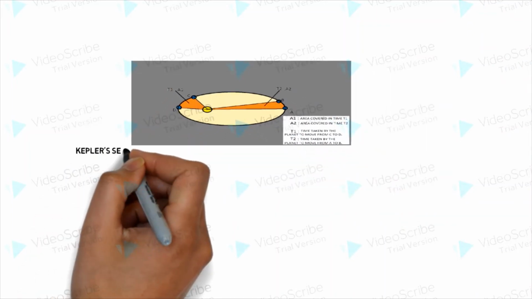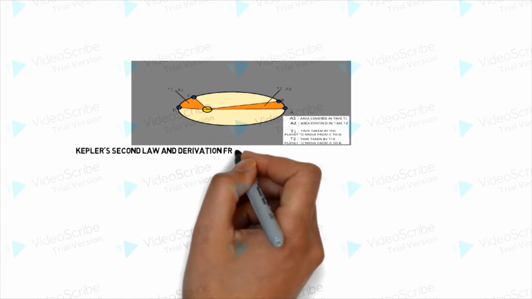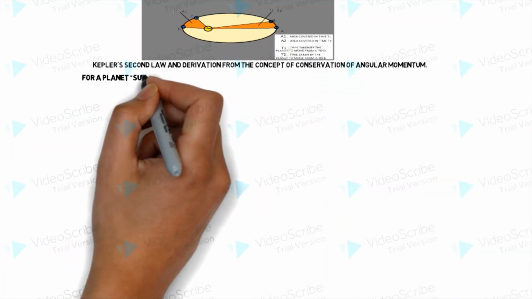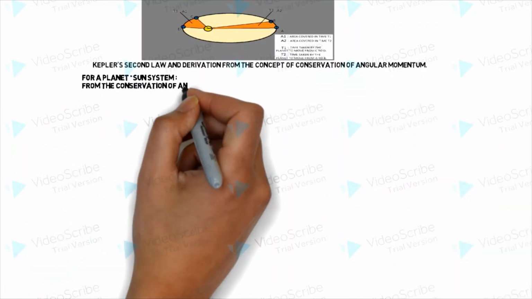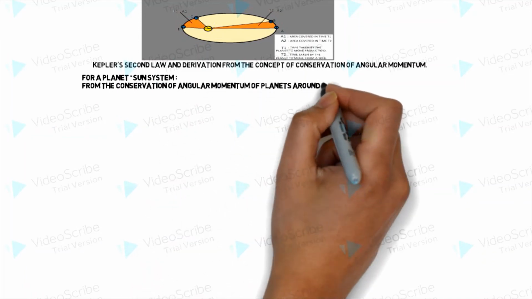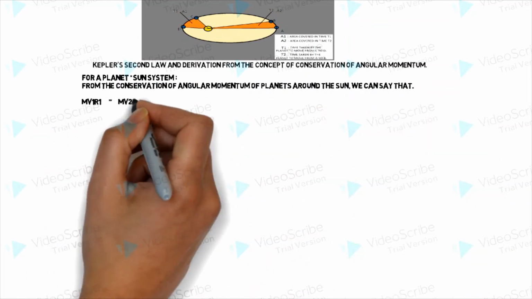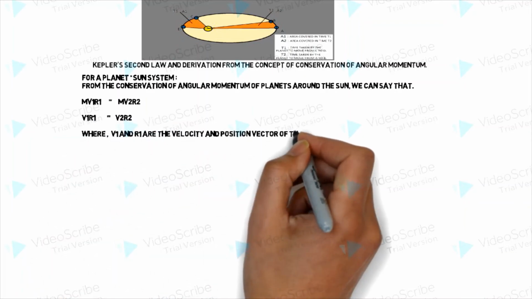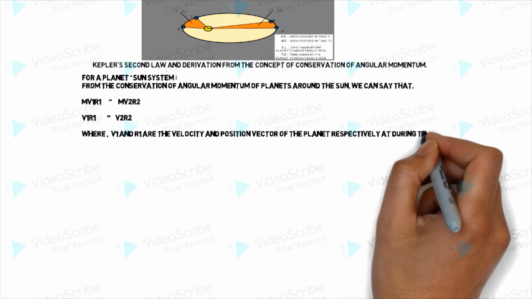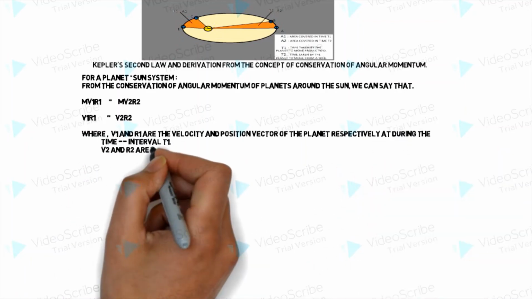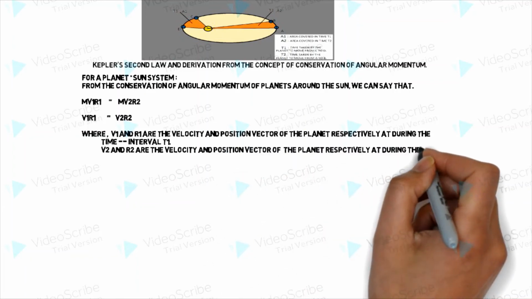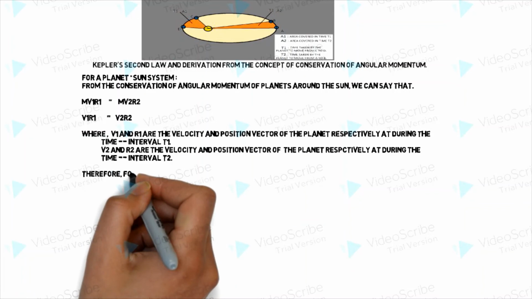Here we are going to see how the second law of Kepler is derived from the concept of conservation of angular momentum. For a planet plus sun system, from the conservation of angular momentum of the planet around the sun, we can say that m v1 r1 equals m v2 r2. Hence v1 r1 equals v2 r2, where v1 and r1 are the velocity and position vector of the planet during the time interval t1, and v2 and r2 at the time interval t2.